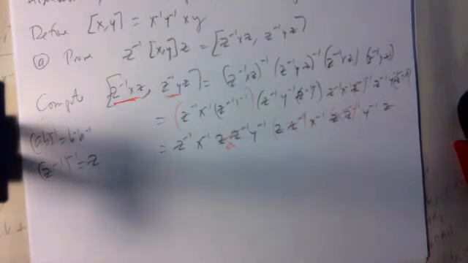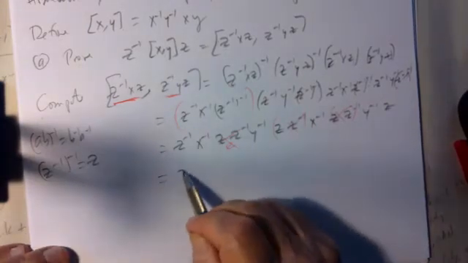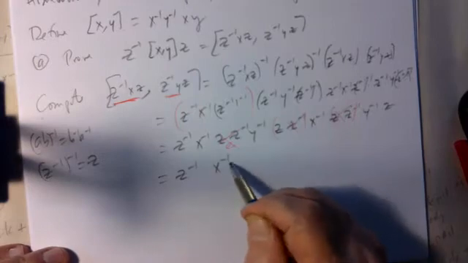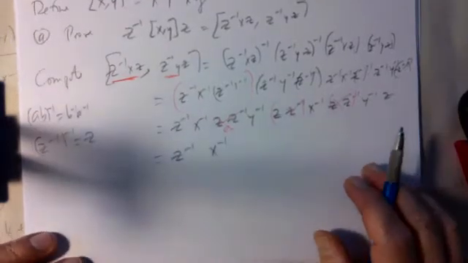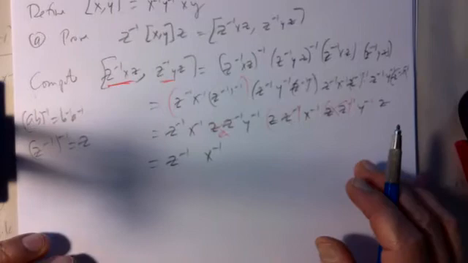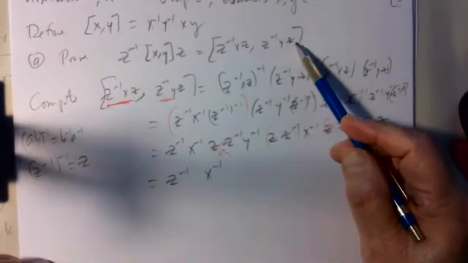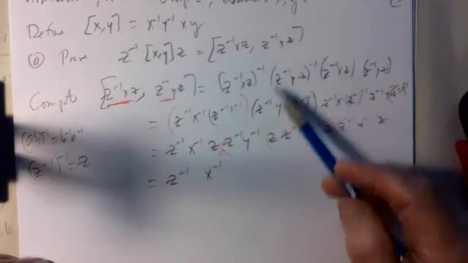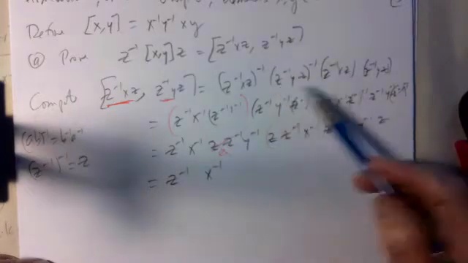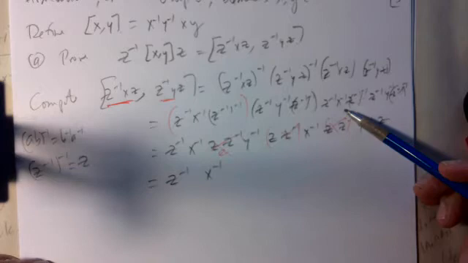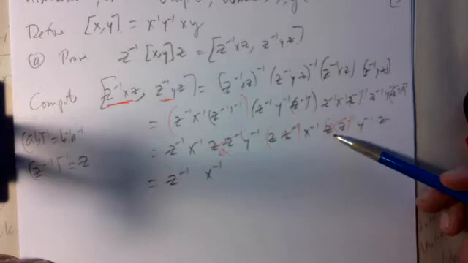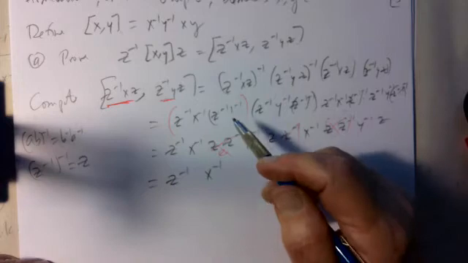So what we have is Z inverse. Professor, the line after Z inverse, X inverse, I don't really understand how you got it.